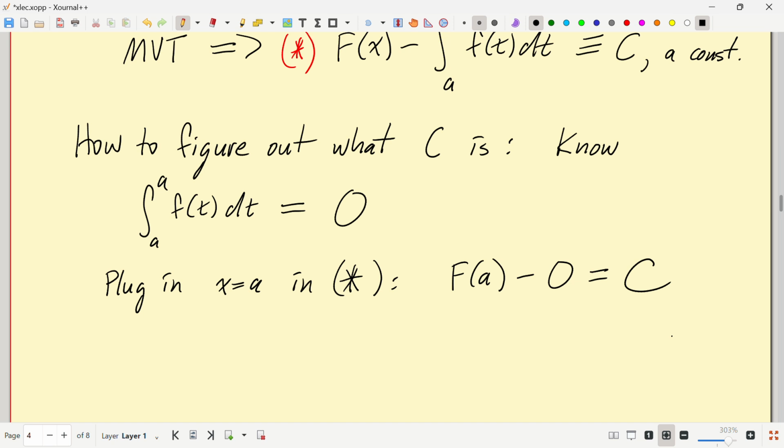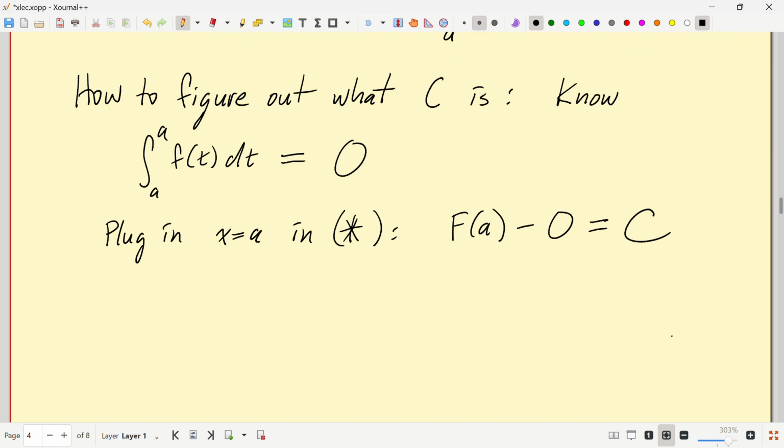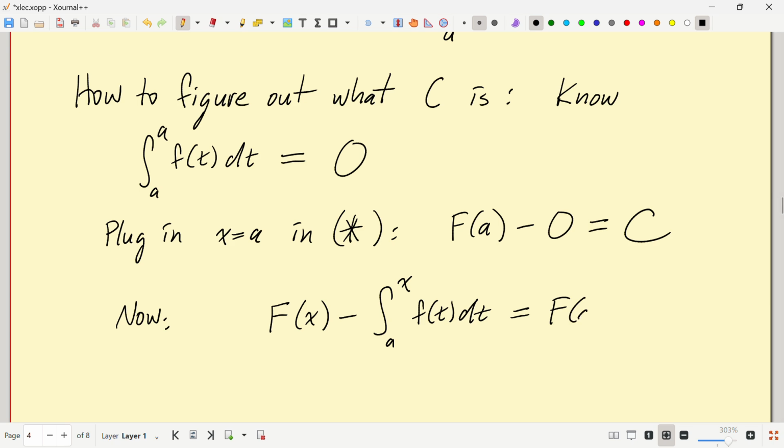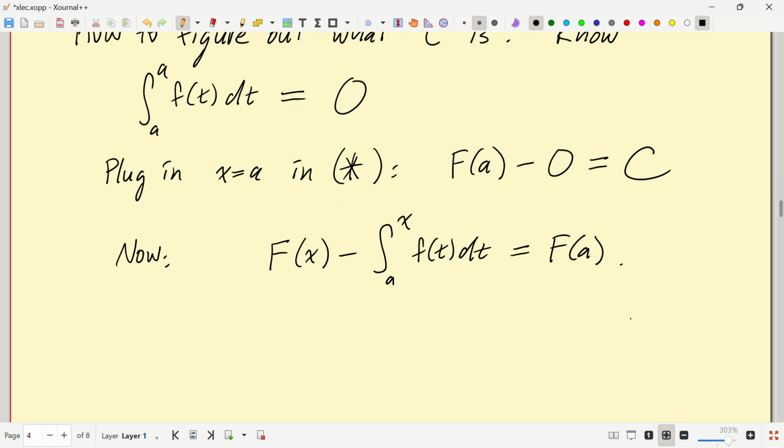And now I know that F of x minus the integral from a to x of f of t dt is constantly F of a. And now you see it's about ready to fall out. Let x equal b now.